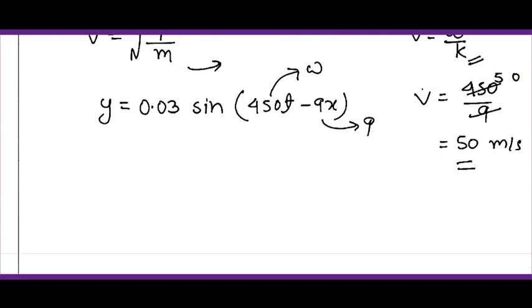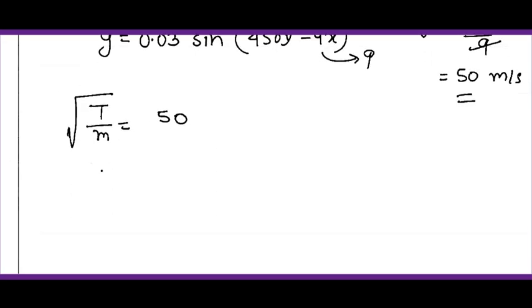root under T by m equal to 50. Okay, so if we remove the root, it will be T by m equal to 50 into 50.